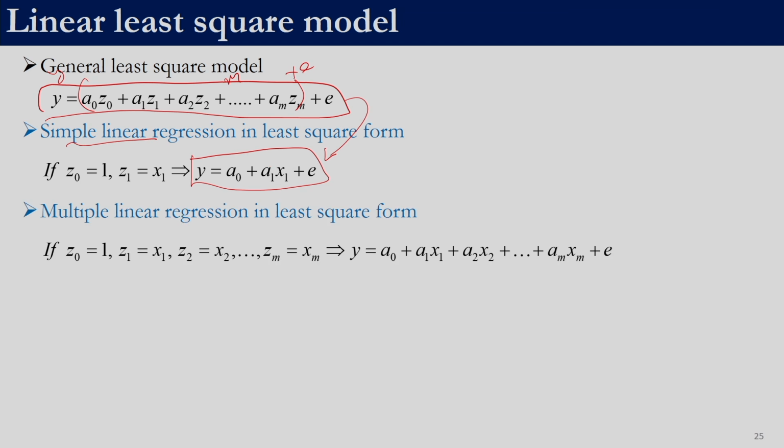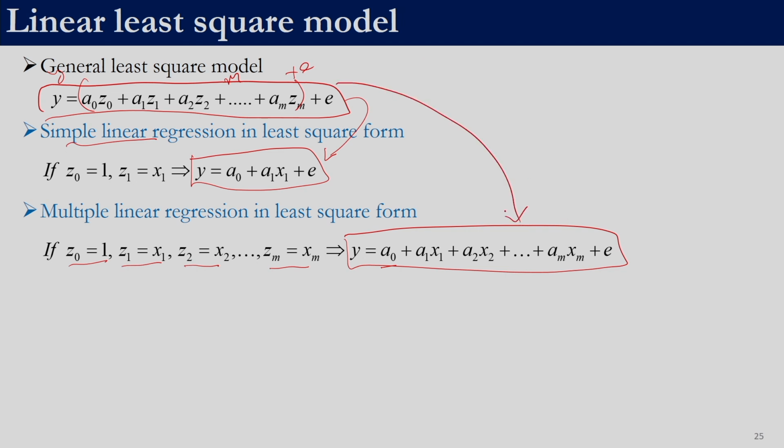For multiple linear regression, z0 is again 1, because we want this constant coefficient, z1 is x1, z2 is x2, and similarly zm is xm. So, this is what we solved. If we have a generic expression for this one, that would be valid for this one also.